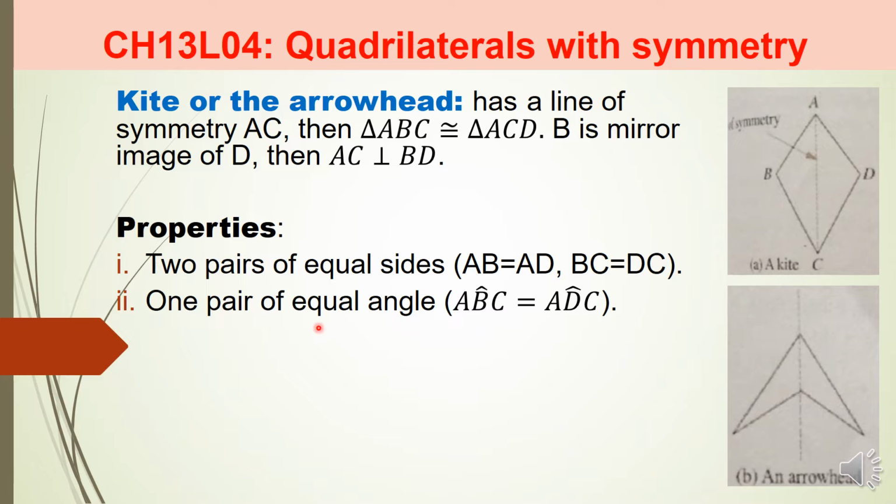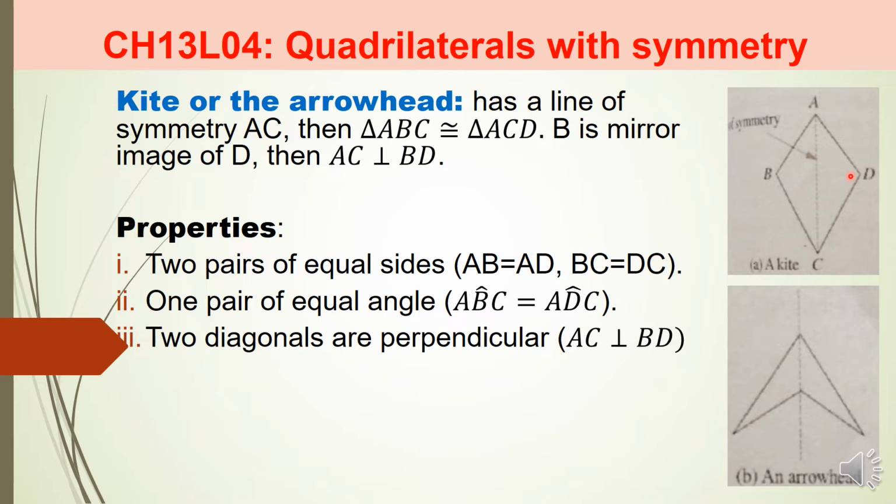Then one pair of angles is equal: angle B and angle D are equal. Next, the two diagonals are perpendicular, because B and D are symmetric points with respect to the line AC, so BD must be perpendicular to AC.